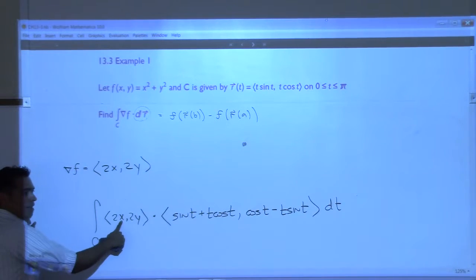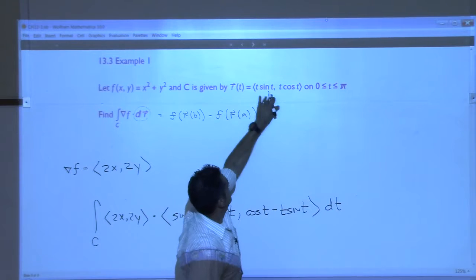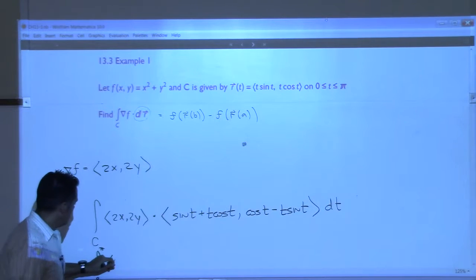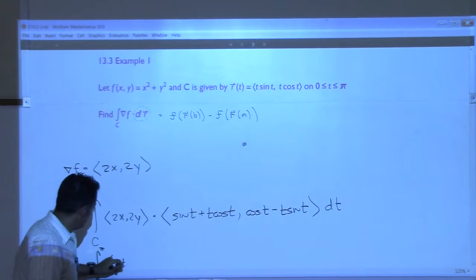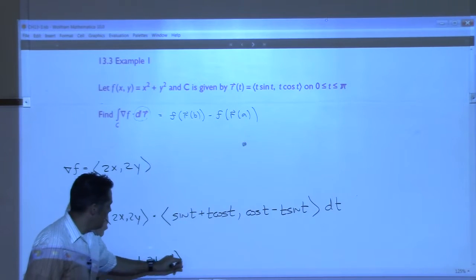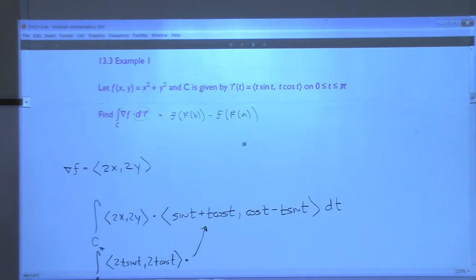So what would we replace x with? Whatever x is right here. So this would now become, and I'm going to change it over to 0 to pi, and we would be doing 2t sine t, 2t cosine t, and then dotted with that, right?